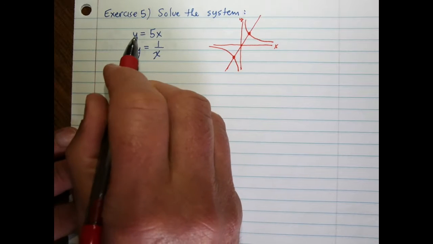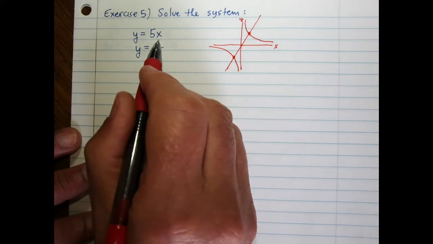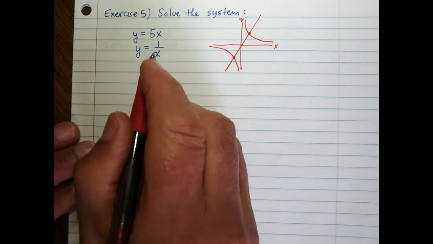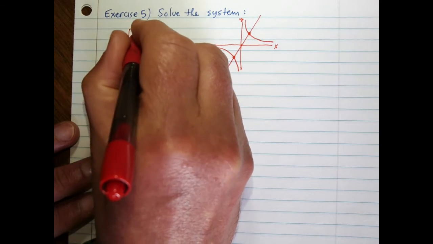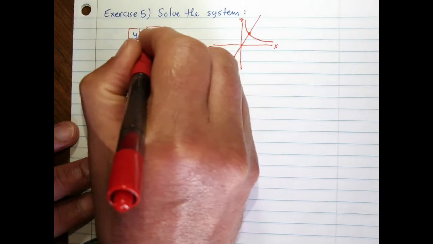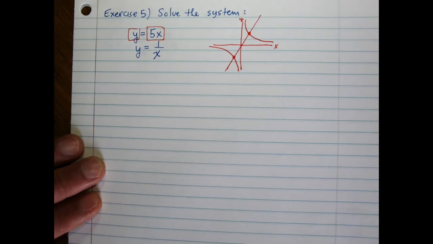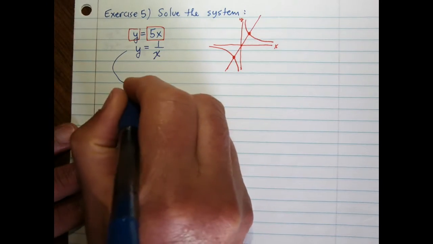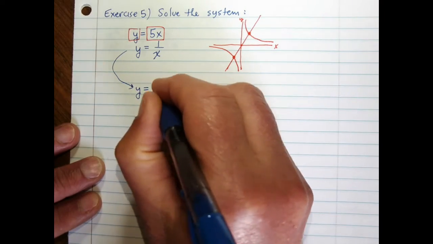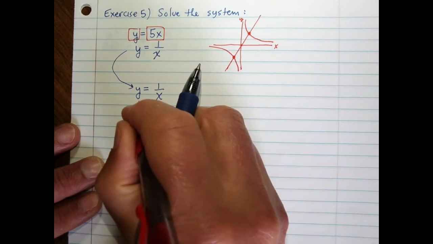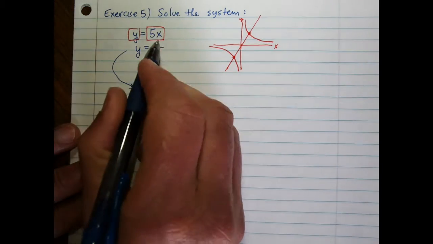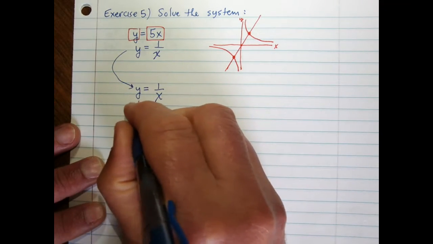So now notice that we have y isolated in both of these equations. So I can go right ahead and make a substitution to solve. I'm going to take the second equation, y equals 1 over x, and replace that y with 5x from the first equation, right?